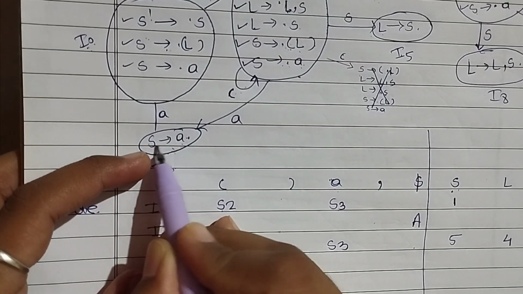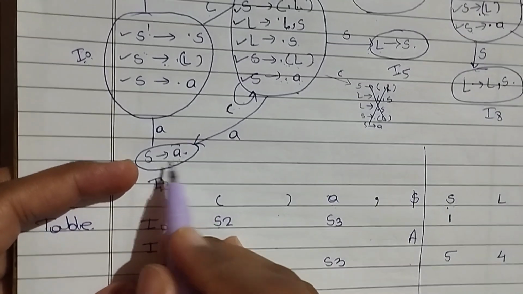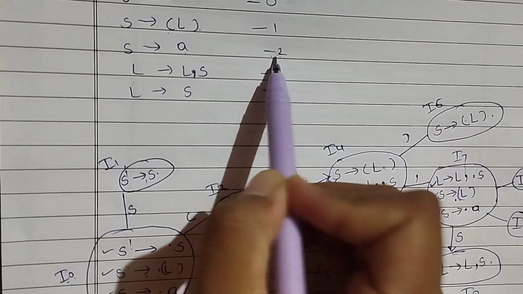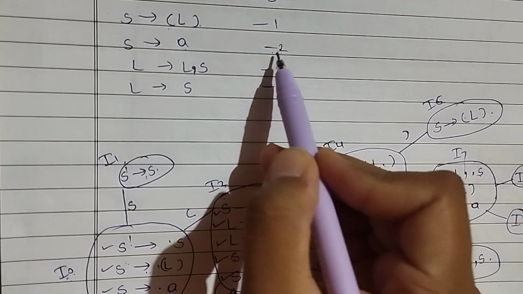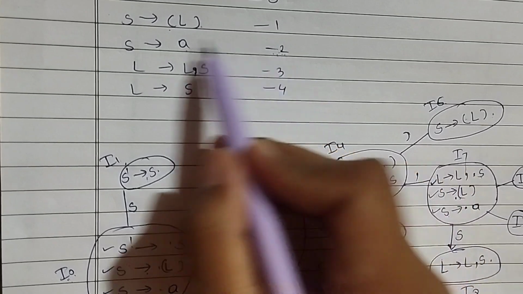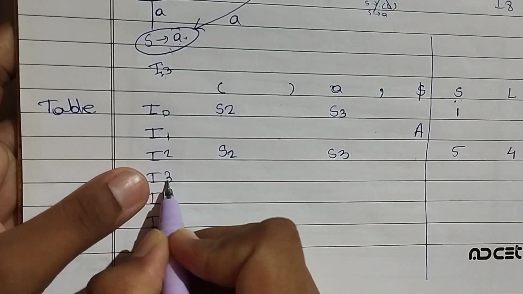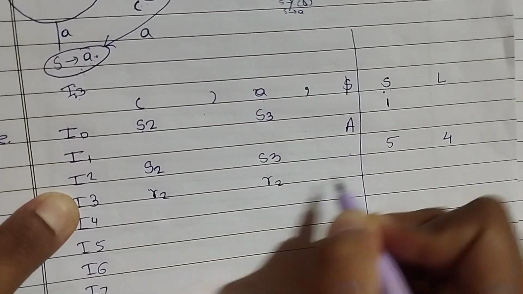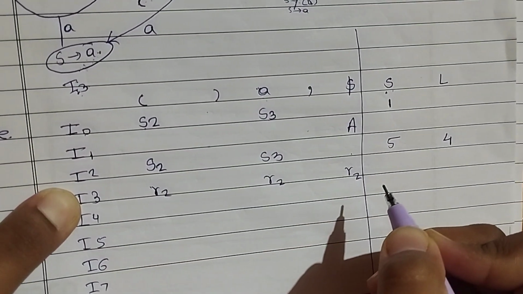The grammar is S to A, and this grammar is present at the second number in the numbering. So we write reduce R2, because this grammar is at the second number and I3 is an acceptance state, so we write R2, R2, R2.